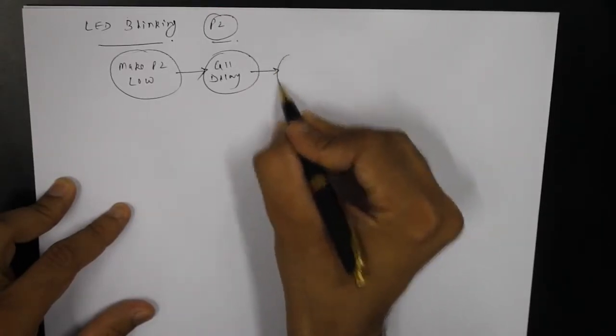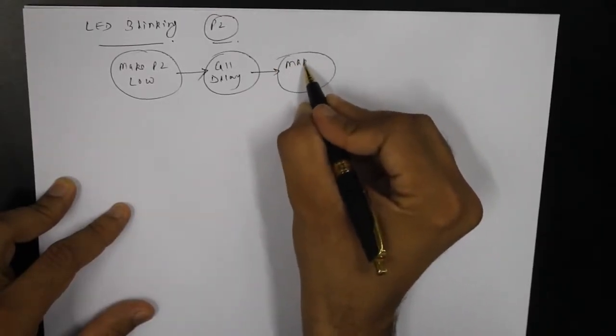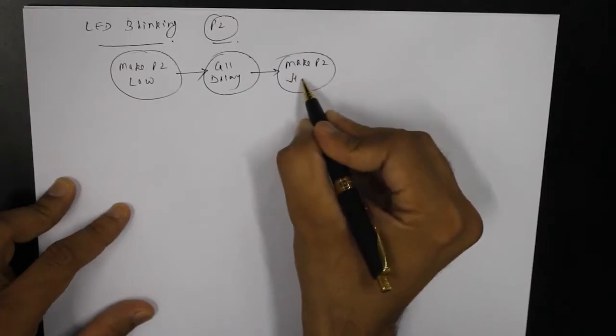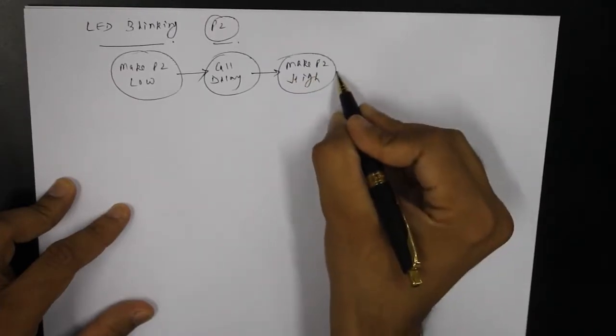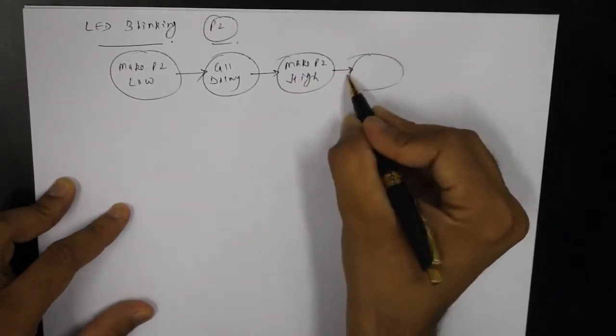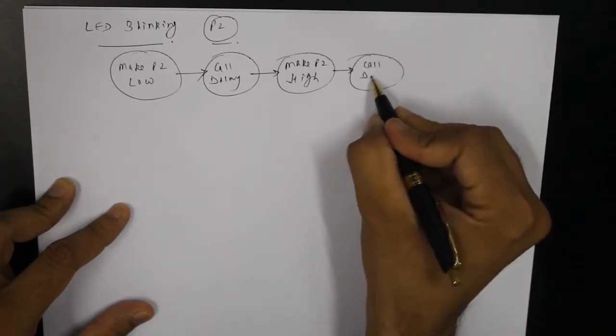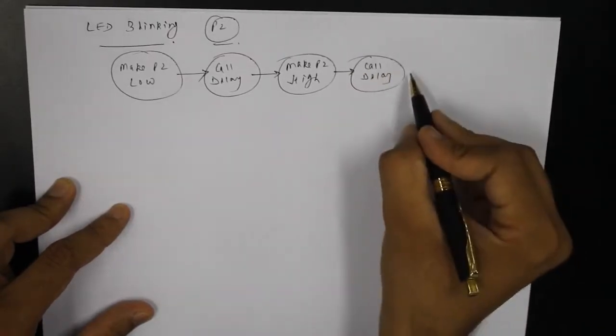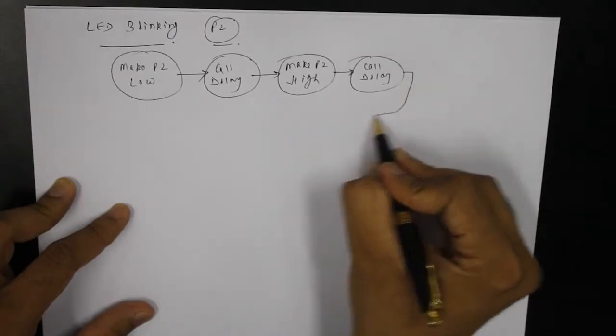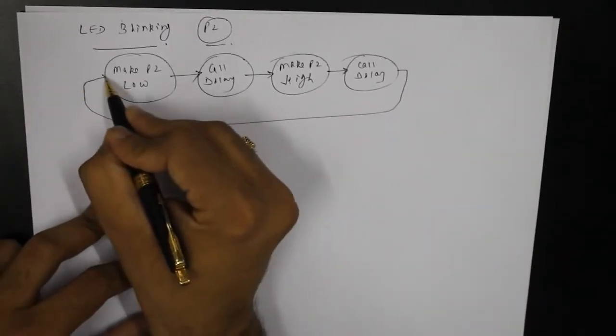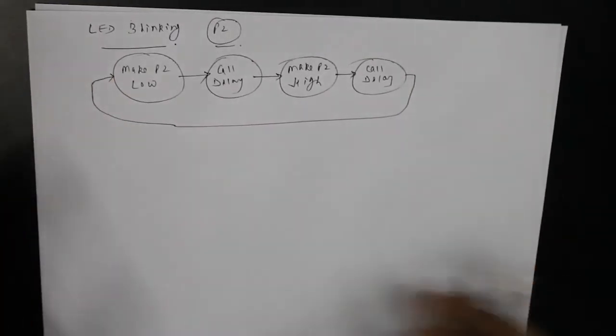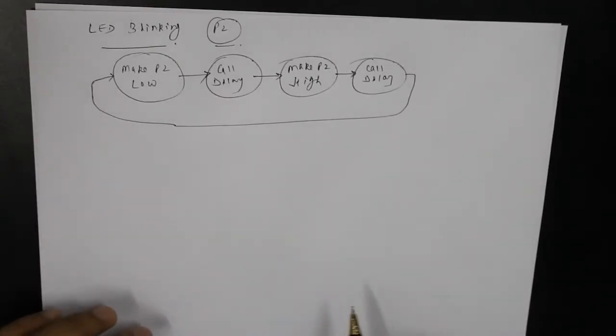Then the next step would be to make the status of port 2 high, and then you again call some delay. This entire code has to be part of an infinite loop, so it has to repeat after the time delay.